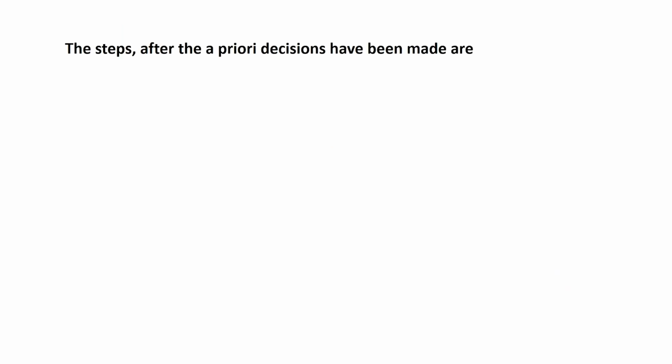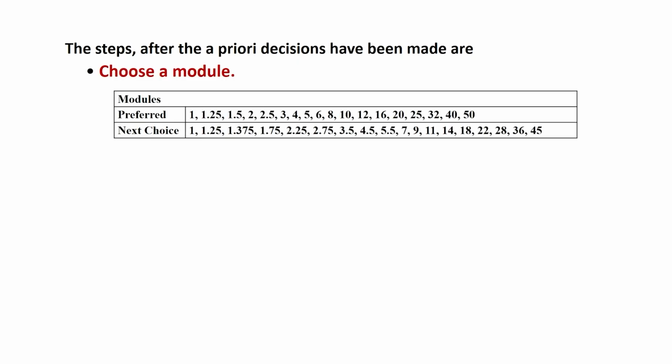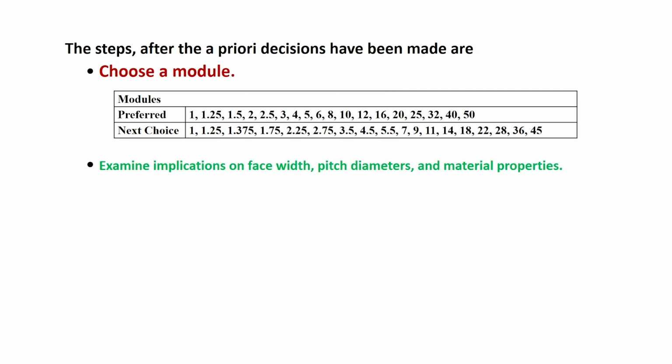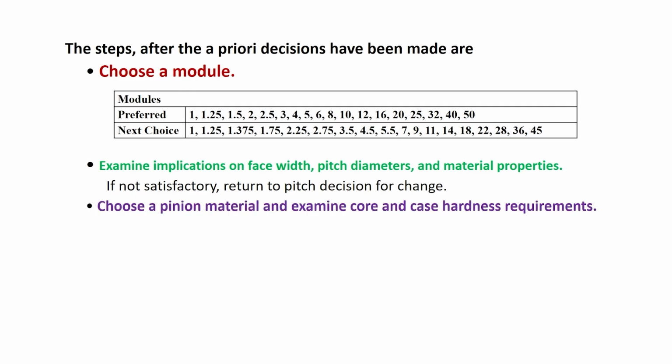Now, the steps after a priori decisions have been made are: choose a module based on the preferred numbers and the next choice. Then examine implications on the face width, pitch diameter and material property. If not satisfactory, return to pitch decision for change.